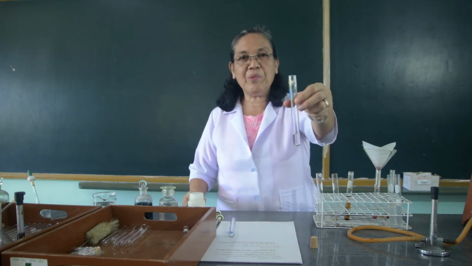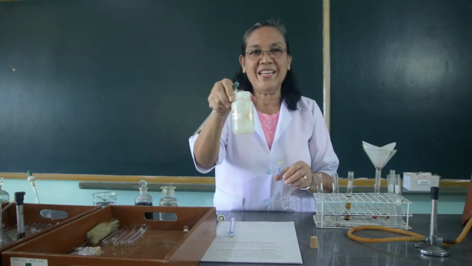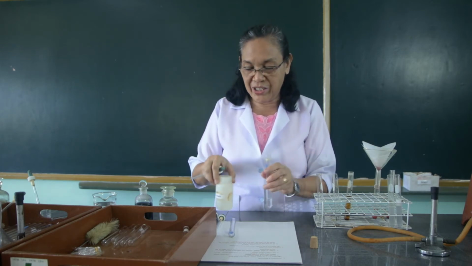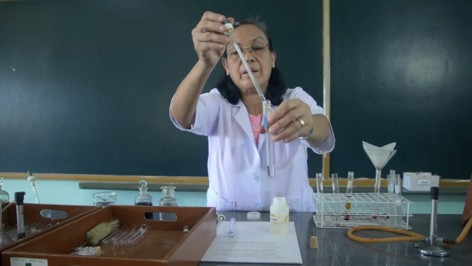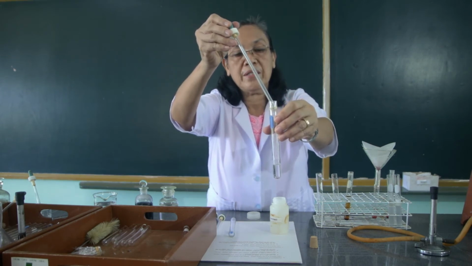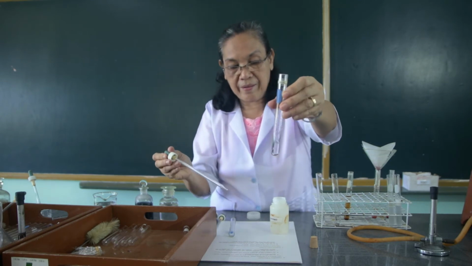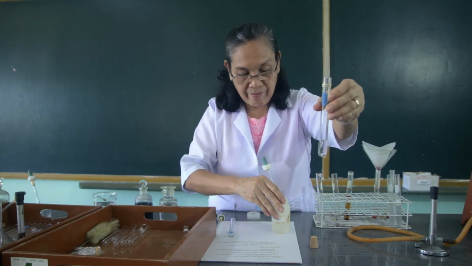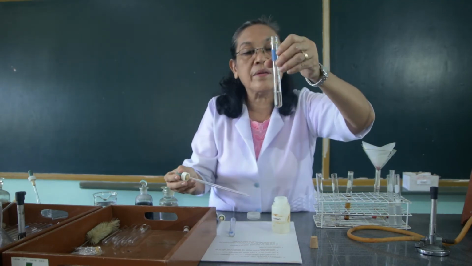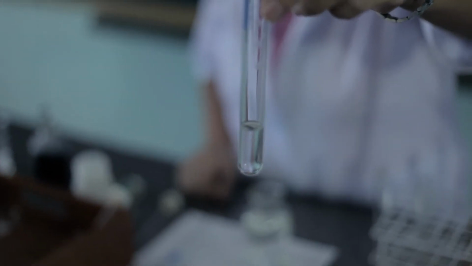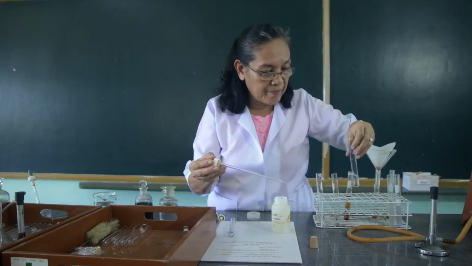To the first test tube containing the arsenic sulfide, let us add here sodium chloride until coagulation occurs. Okay, so we have placed here 20 drops of the sodium chloride.